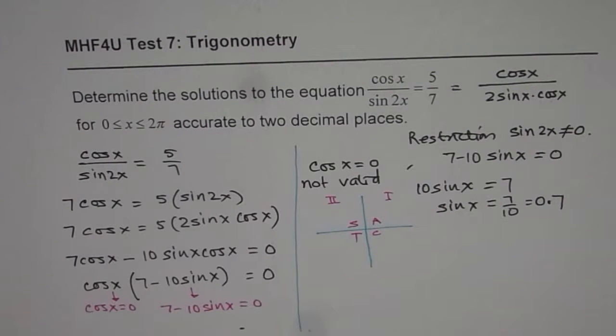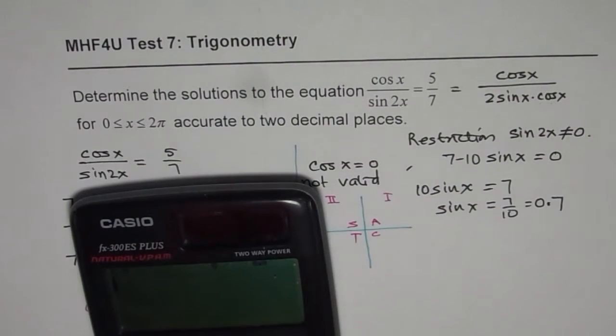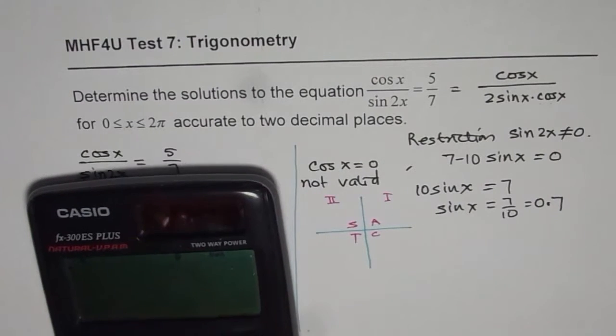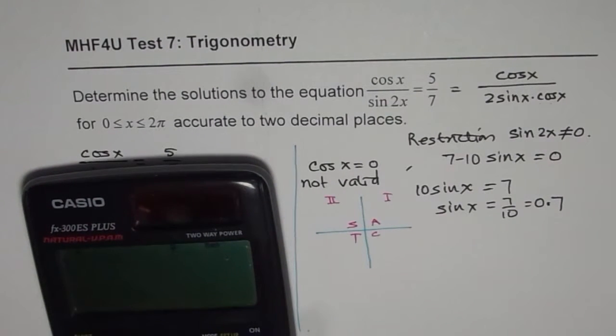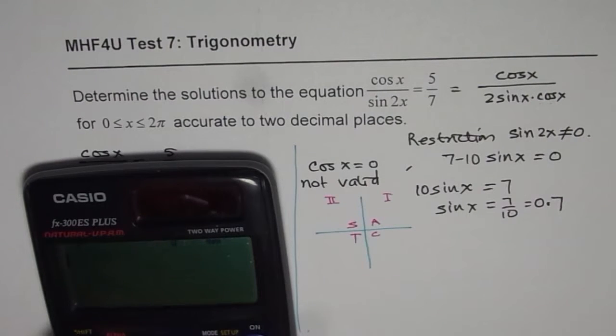So we can now use the calculator, and let me just change the mode to radians. That's kind of important since we are working in radians. 0 to 2 pi is our domain, right? So now we have shift sine within brackets 0.7, bracket close, equals. So whatever we get is the acute angle.